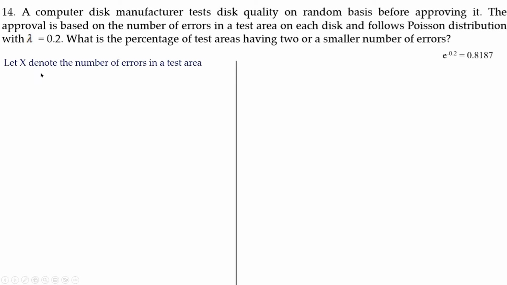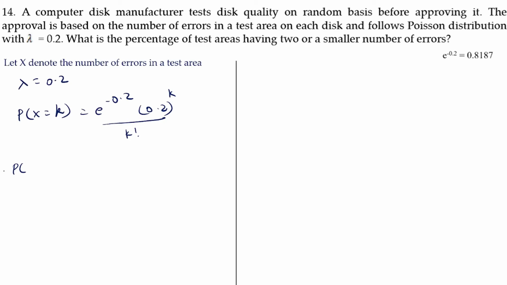So let x denote the number of errors in a test area. Lambda is given as 0.2. So the probability of x equal to k is e raised to minus lambda, lambda raised to k upon k factorial. We need to find the percentage of test areas having 2 or smaller number of errors.